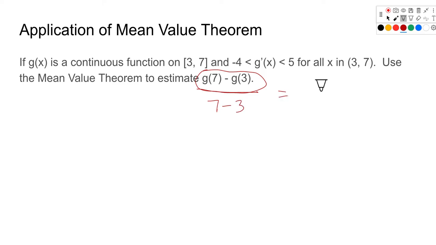So we've got g of 7 minus g of 3, divided by 4, right? 7 minus 3 is 4. This has to be less than 5, but greater than -4, because that's all we're told the derivative does. It takes on all those values in between. So how do we solve this one?